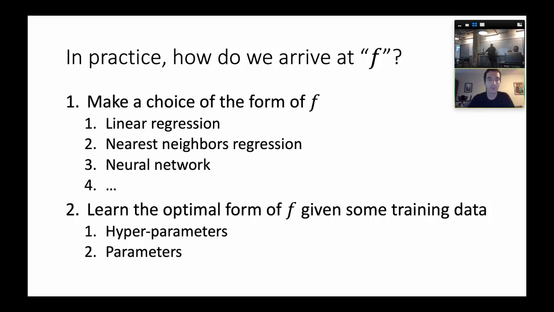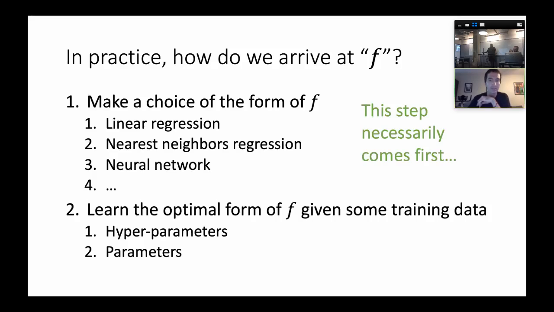We're going to talk about both of those today. Then there are more complex methods like neural networks and others. After you've made your choice of method, only then do you learn the optimal parameters of f given some training data. That can involve learning hyperparameters and parameters. And the point here is that the first step necessarily comes first.